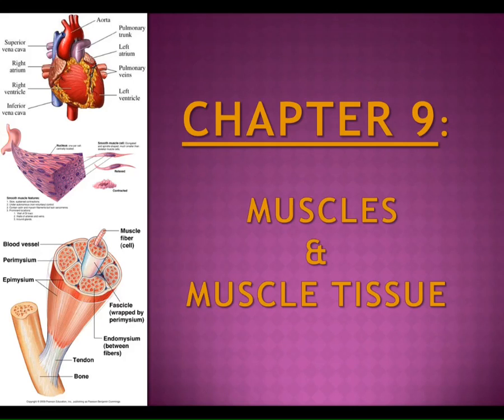There's a whole section of the test in matching where you're going to be asked, groups of muscle fibers are known as fascicles. Groups of fascicles are known as the entire muscle belly. Or you could go the other way. The entire muscle belly is made up of fascicles. Each fascicle is made up of muscle fibers.